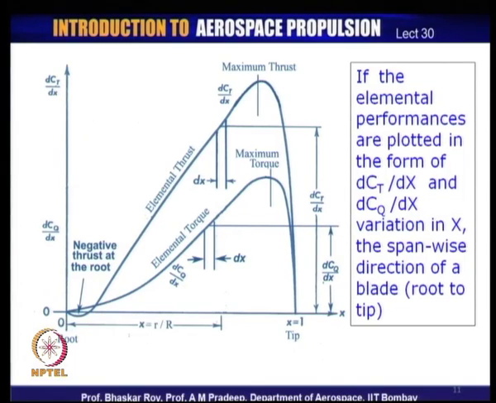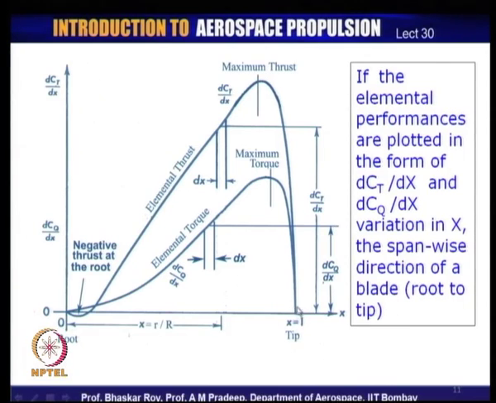They may not have very good aerofoil shapes over there. In fact, they may not have aerofoil shapes there at all, because that portion is structurally strengthened, and hence they may be creating negative thrust around the root area. So, most of the thrust needs to be created on the outer half of the propeller.